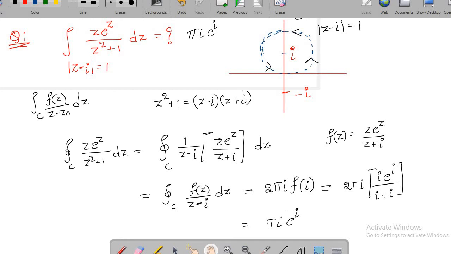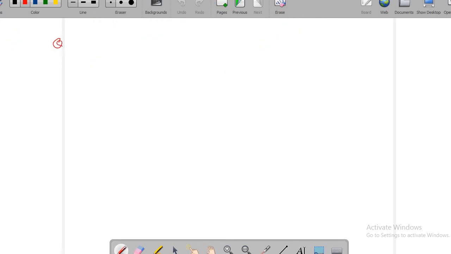And let us try to solve one more problem. The next question: integral along C, this time of (z square plus 3z plus 1) by (z square minus 5z plus 6) dz equal to what?